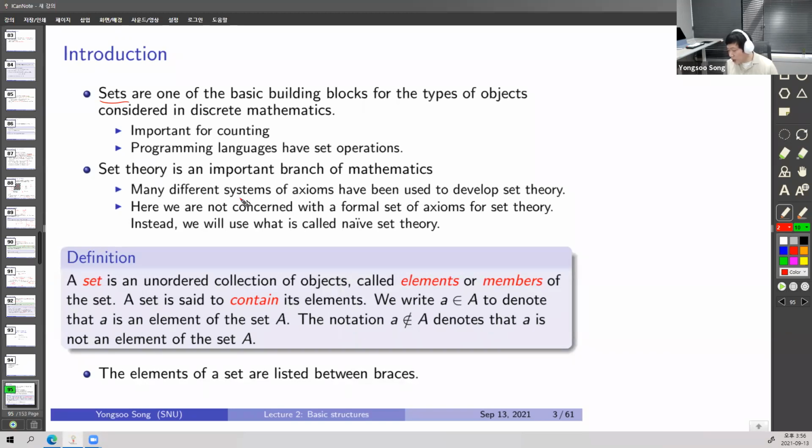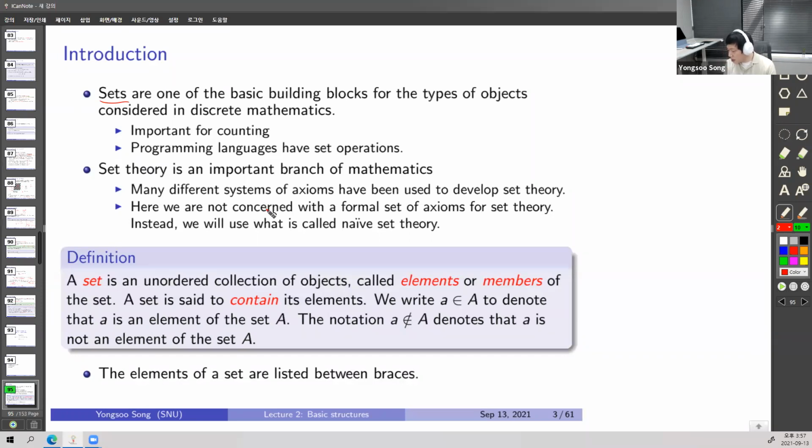Set theory is one of the most important branches in mathematics. Of course, we are not going to go deeply into set theory. So if you're interested in set theory after taking this class, please consider taking a set theory class from the math department.